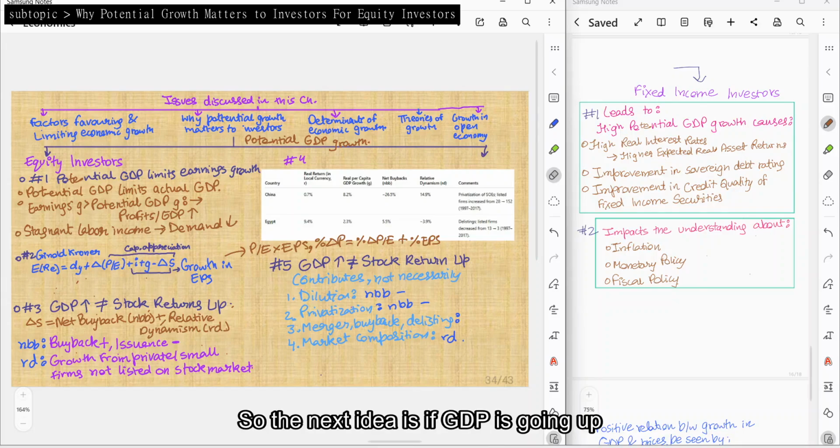So the next idea is that if GDP is going up, it does not automatically translate into stock returns going up. As we have seen, this I plus G component in the formula represents the nominal GDP. This is because of this delta S component, which consists of net buyback plus relative dynamism.